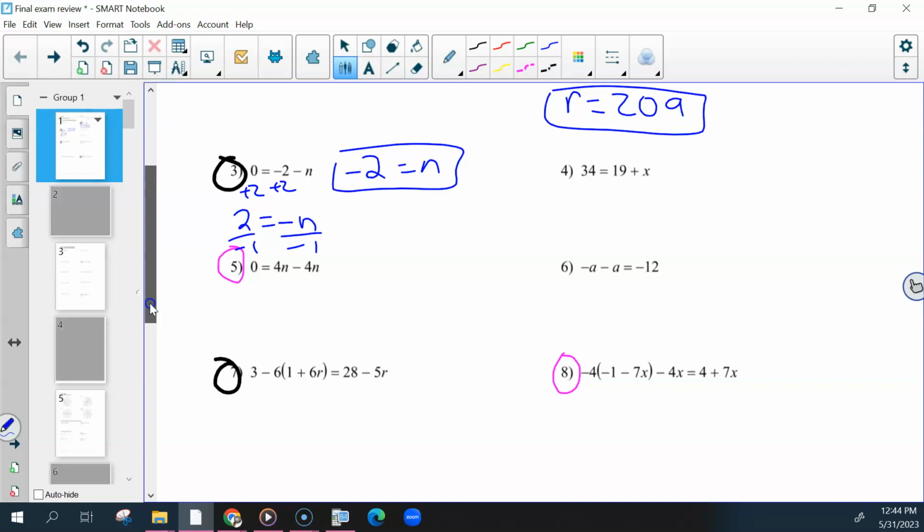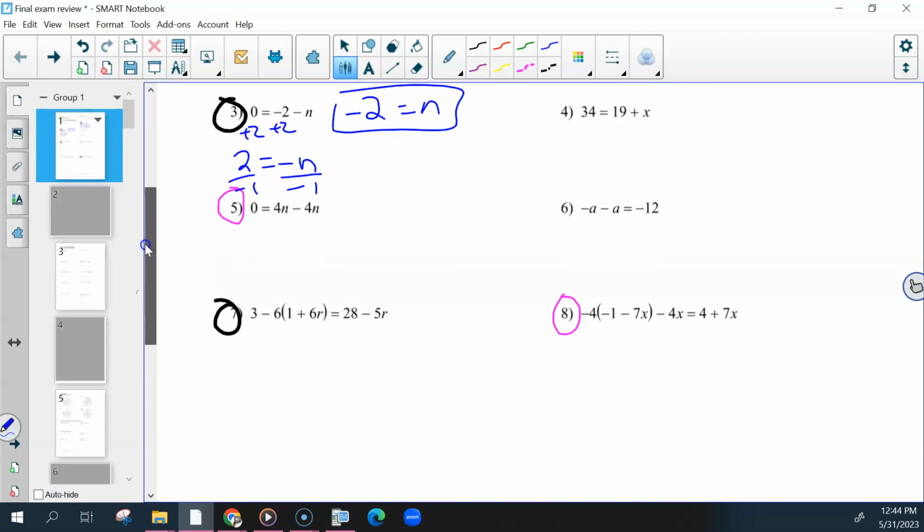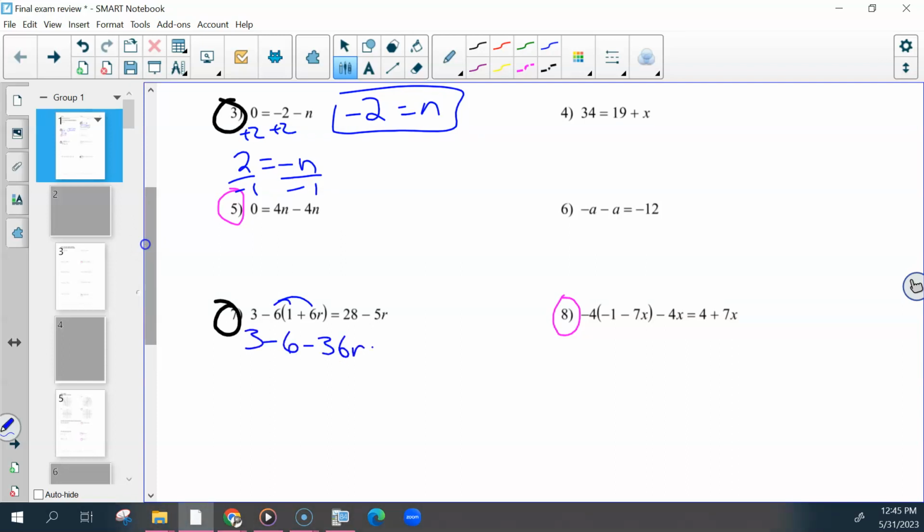Number 7. What do you think we're going to do first? Distribute the negative 6. We have 3 minus 6 minus 36r equals 28 minus 5r. After we distribute, what would we do next?